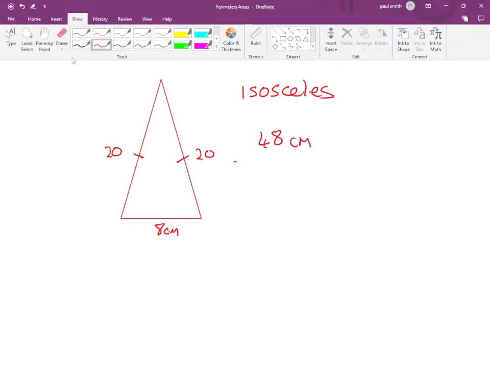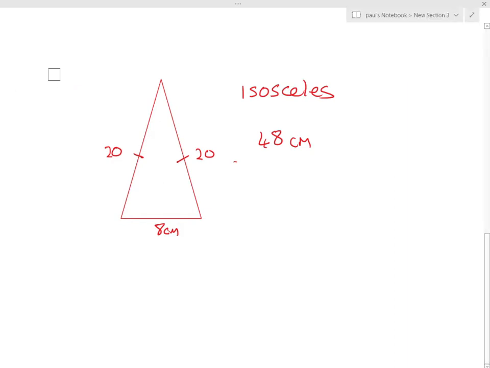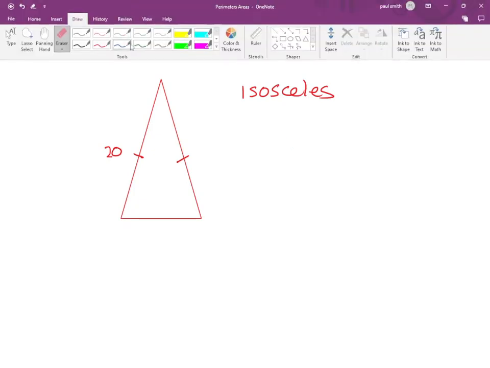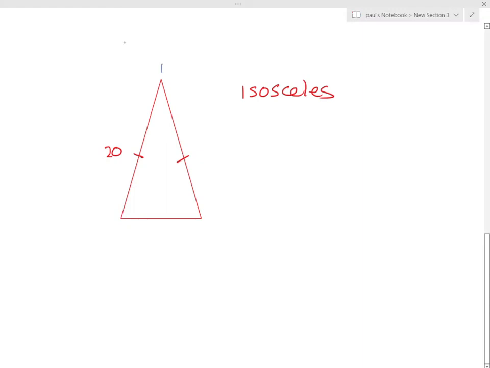Now, if you have this sort of thing, and you have what's called a line of symmetry, which is a dashed line that goes right the way through the middle of the shape.